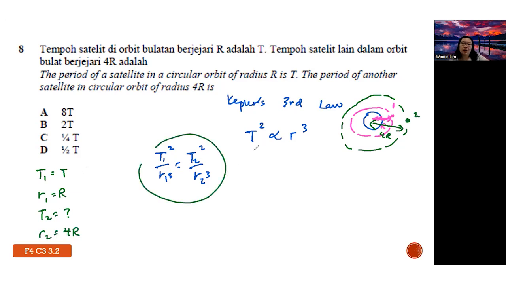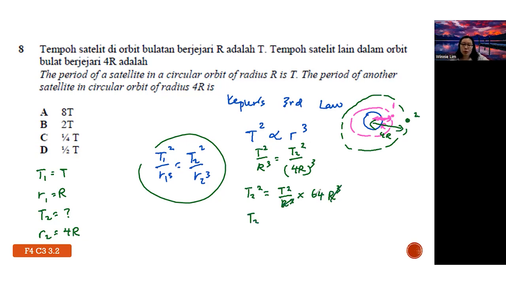So hence, we will have T squared over R cubed equals T2 squared over (4R) cubed. Careful, must bracket. And I want T2, so I rearrange first. My T2 squared becomes T squared over R cubed, I bring it to the other side, right? So times 4 cubed is 64 R cubed, and I can cancel off my R cubed.